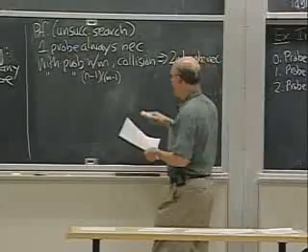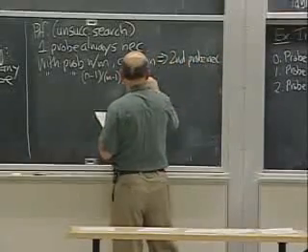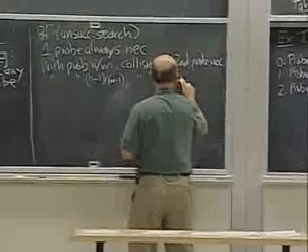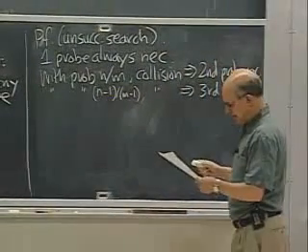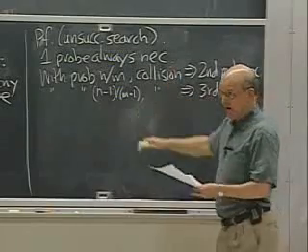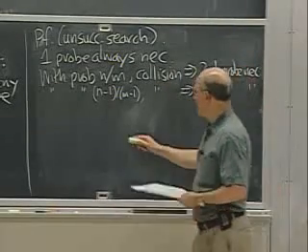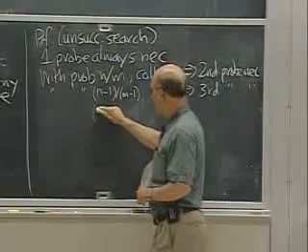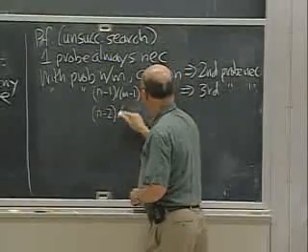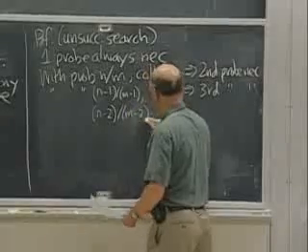So with that probability, I get a collision. That means that I need a third probe. Okay? And we keep going on. Okay, so what is it going to be the next time? Yeah, it's going to be n minus 2 over m minus 2.